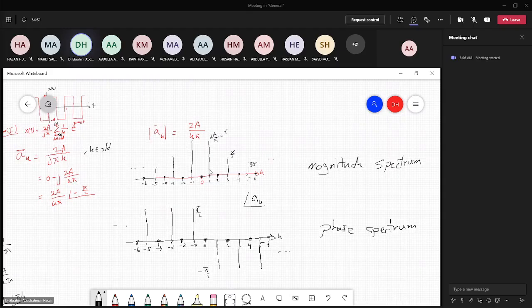Why? Because the main component is this, the fundamental. So the spectrum analyzer helps us know whether there are some harmonics and what the magnitude of the harmonics is. Sometimes at 3 it is very small, at 5 very small. It's okay. Compared with the fundamental, it's very small.